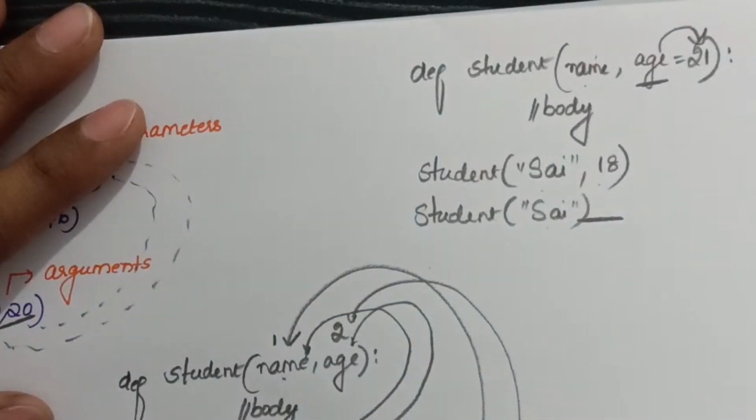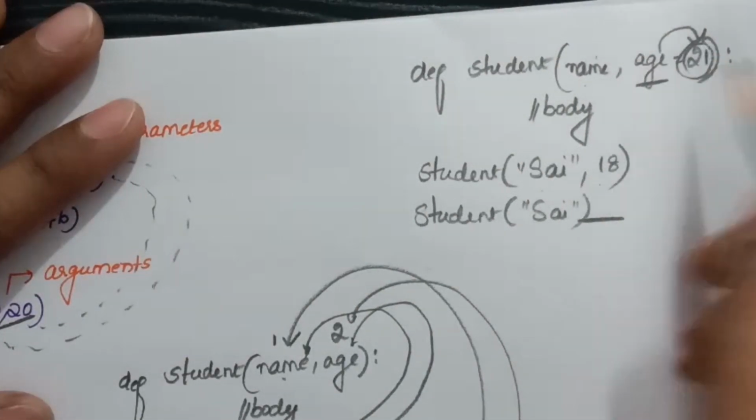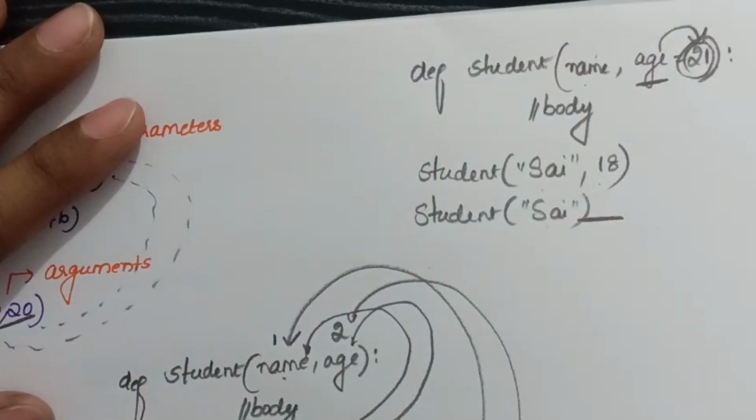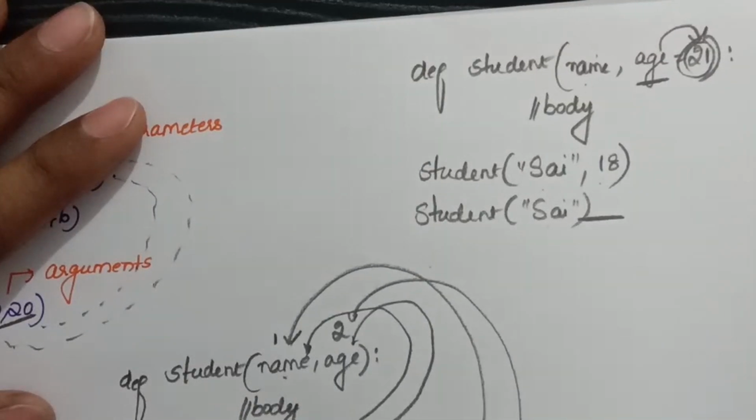If user does not provide a value for that parameter while calling the function, Python will use the default value automatically.